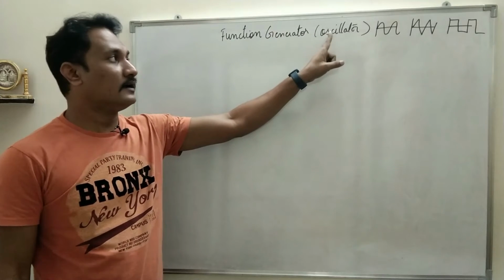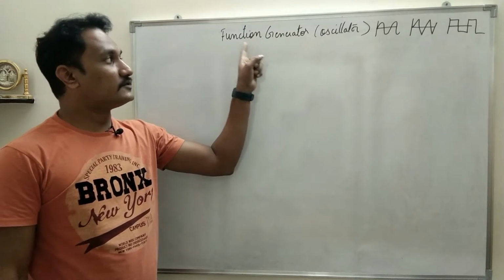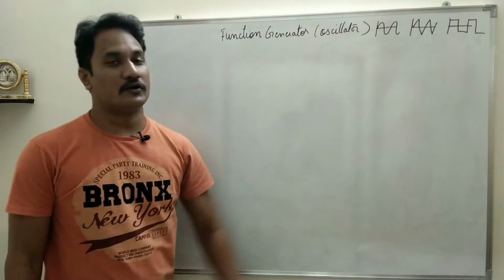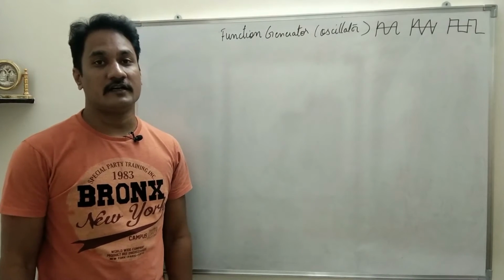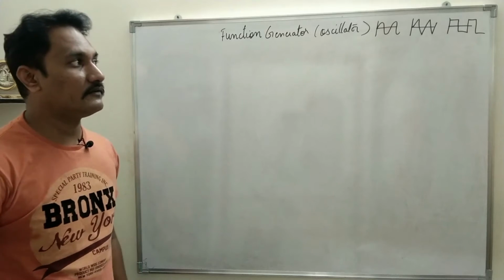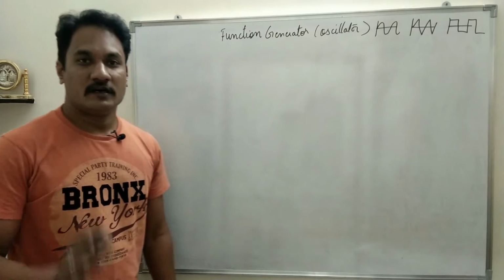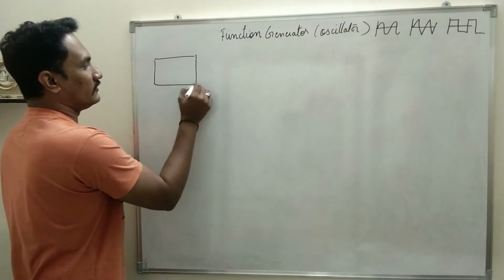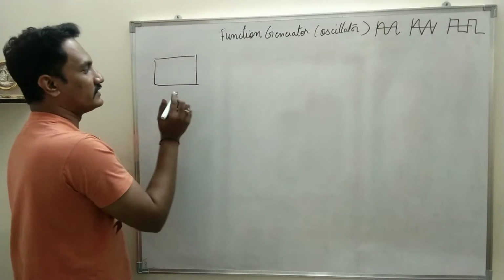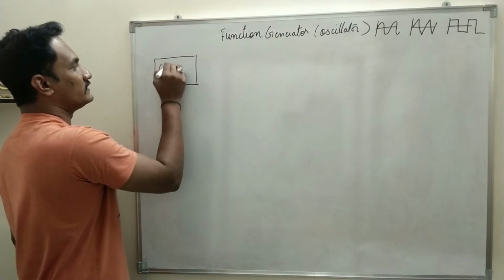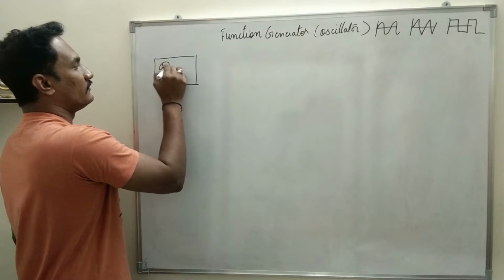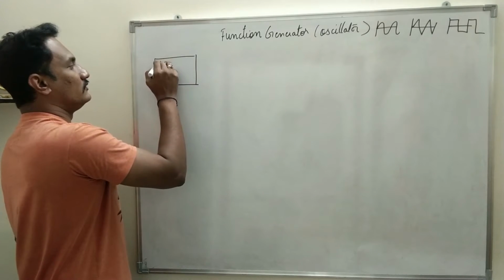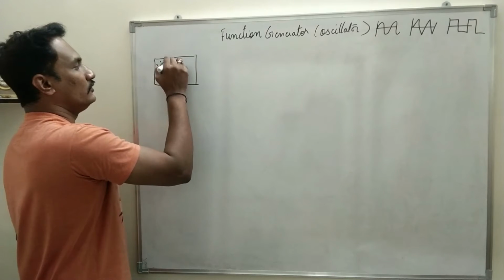As we say, a function generator will produce oscillation of different functions: sine wave, triangular wave and rectangular wave. Let us first understand the basic front panel view of the function generator. In the front panel view, there is a frequency selector which has a knob, say 1, 2, 3, 4 up to 9.